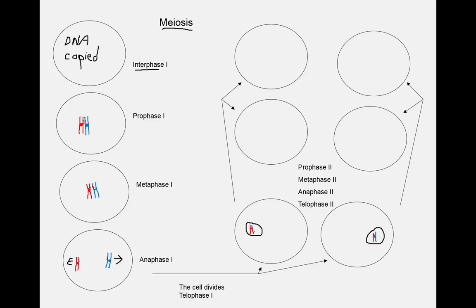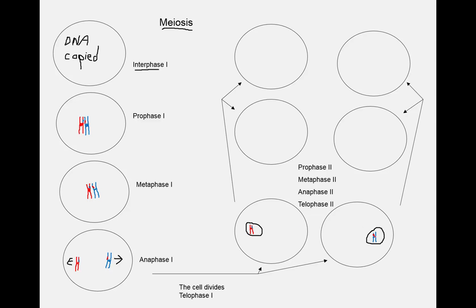This cell still has sister chromatids. You have basically one red and another red, although they're not really literally identical anymore due to crossing over, but we still call them sister chromatids, and we need to separate those in order to get genetically compatible gametes.